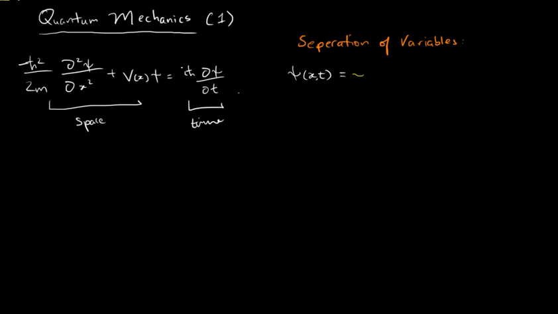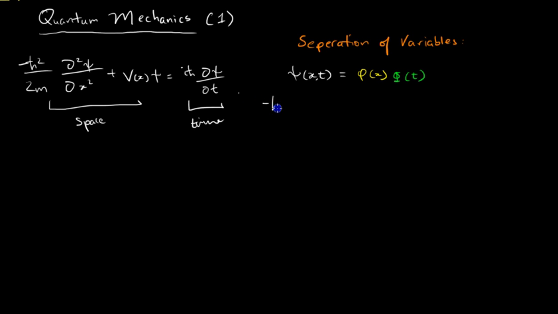Let's not call that psi. Let's call that lowercase phi of x, and then we have another function of time. Let's call that, what should we call that? Capital Psi, of t. Perfect. Now we can substitute it back into our Schrödinger equation.